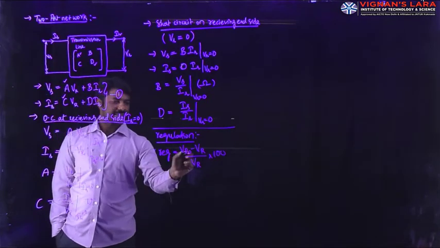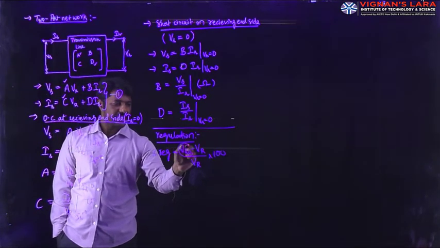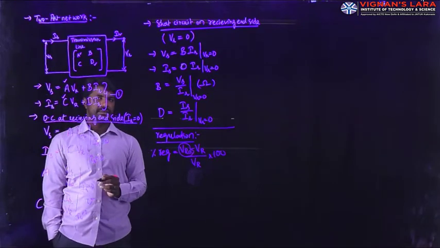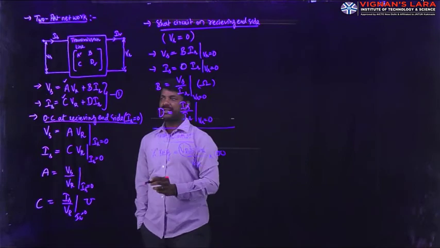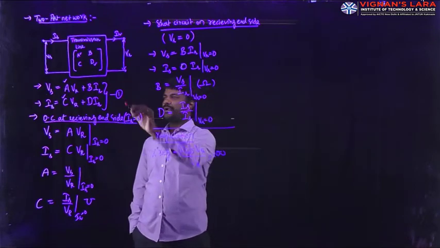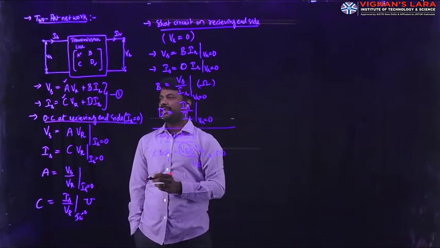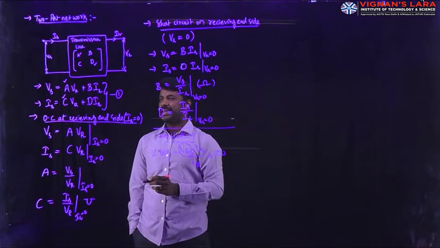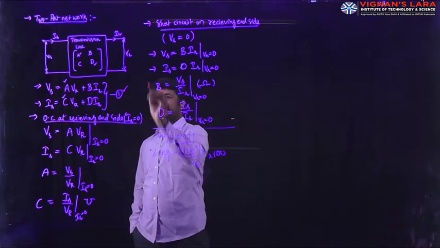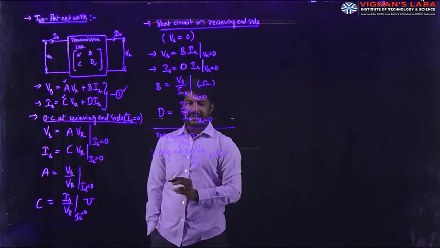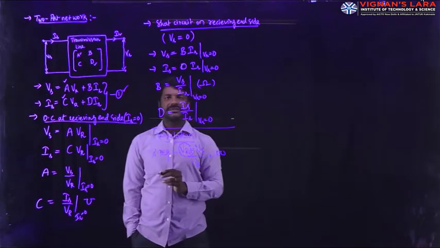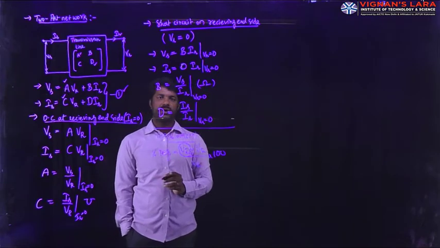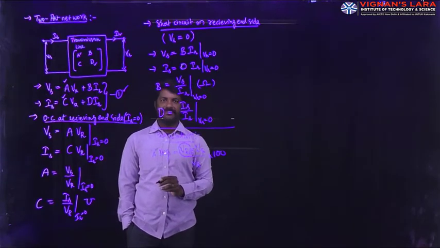Then our objective here is to find out VR naught. If you observe the set of equations, Vs is equal to A VR plus B IR and Is is equal to C VR plus D IR. For this set of equations, apply the condition of no load operation, what I mean to say is open circuited operation, because no load or open circuit are both the same.